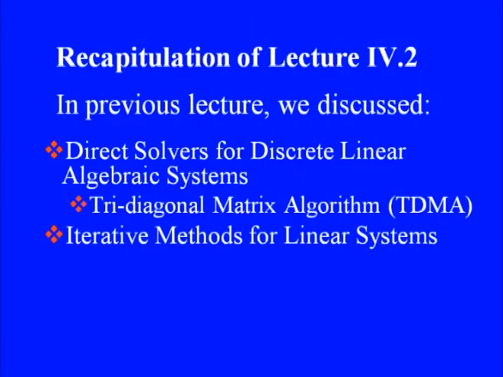Then we started off with iterative methods for linear systems, which are the most commonly used in CFD programming, and we discussed some basic iterative methods which are generally very slow to converge, but nevertheless they are very important for accelerated methods, and that is what we are going to focus on today: accelerated iterative methods for linear systems.